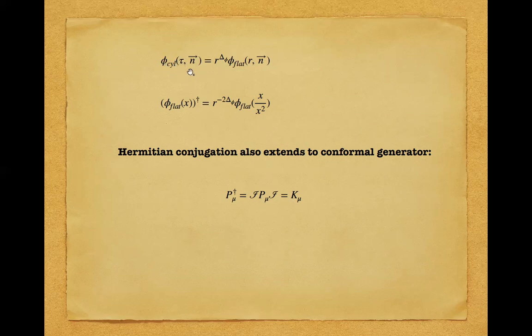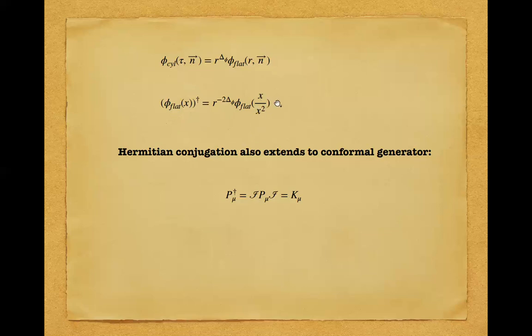If you use that relation, you end up getting that when you take the Hermitian conjugation of the flat space field, it will transform like this.